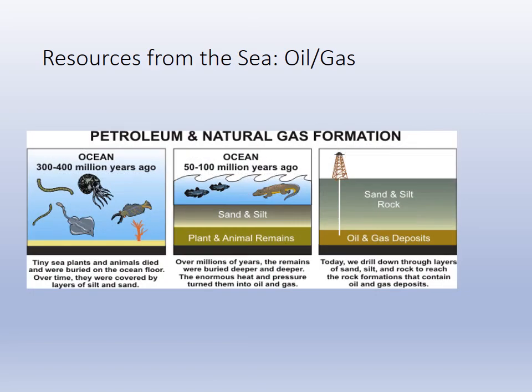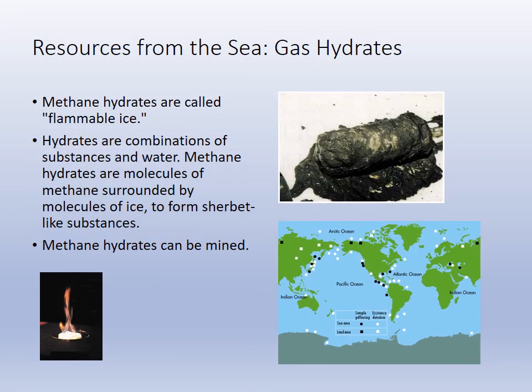The petroleum and natural gas is laid down, deposited, and then covered with terrigenous, like sand and silt, and over the years it distills out and becomes oil and gas. I mentioned the hydrates, like methane hydrate, which is a precipitate that the deep ocean can give due to temperature and pressure.